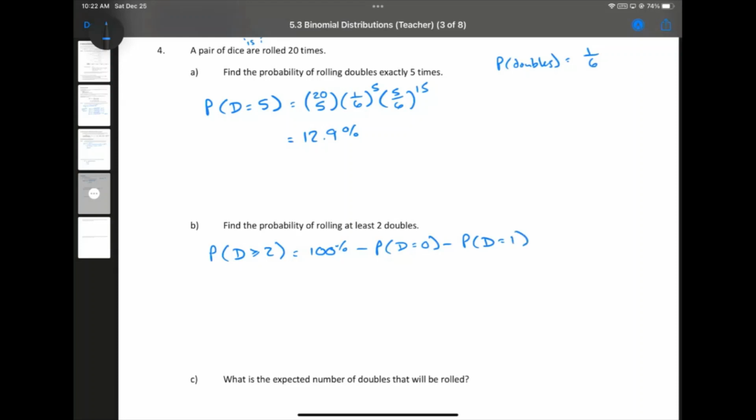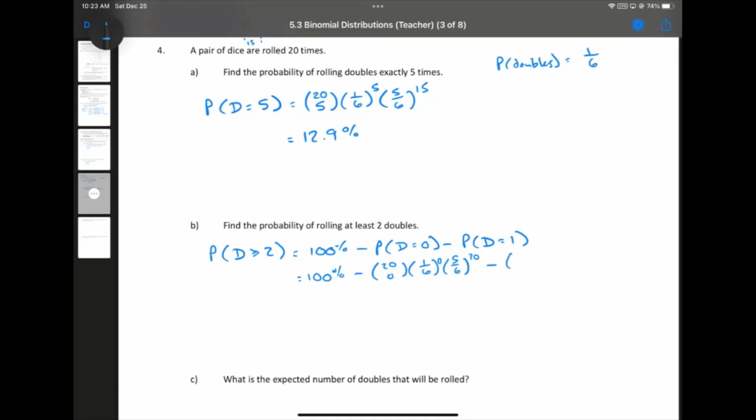All right, so when I do that, unfortunately now I have to use the binomial equation twice. The good news is it's not actually a hard equation to use. So the first one is 20 choose 0, 1/6 to the 0, 5/6 to the 20.